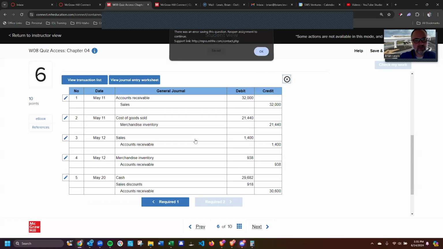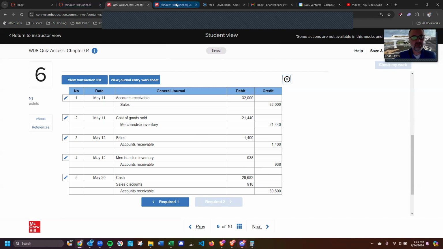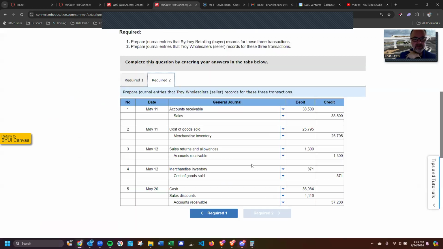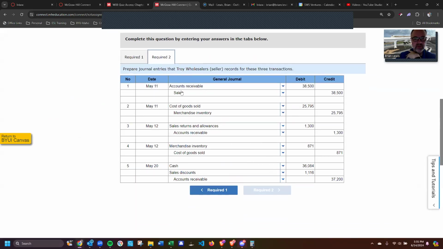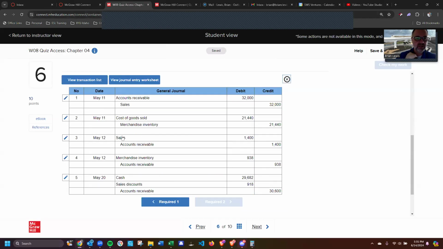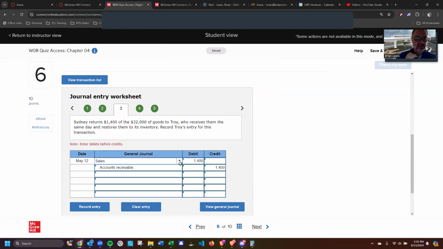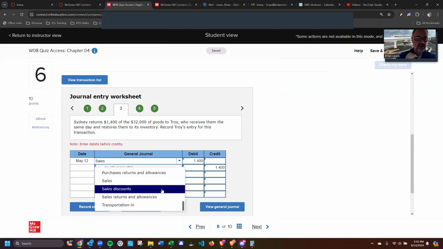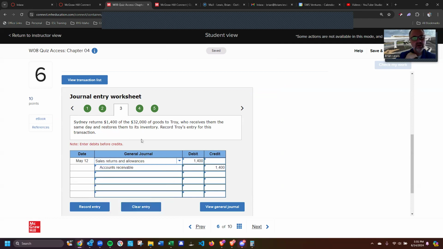So now these are what the transactions should look like. So if we go over here to my cheat sheet on 6, we should have similar things. So accounts receivable. Okay, we did these. Sales returns and allowances. That's right. Forgot the sales returns and allowances. This would not be sales. This would have to be sales returns and allowances to credit the component of the return.